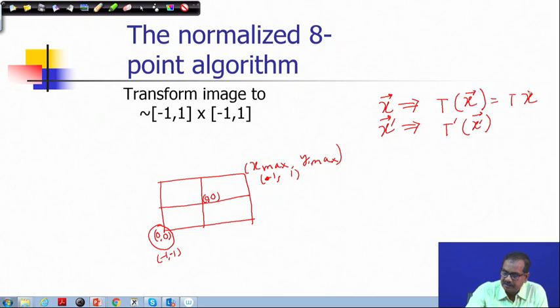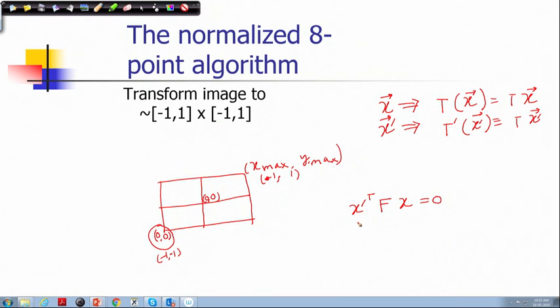So, let me write it as T x and also T prime x prime. If I consider the equation involving the fundamental matrix, this is the equation that we get. Now apply this transformation: T prime x prime transpose f, and T x.